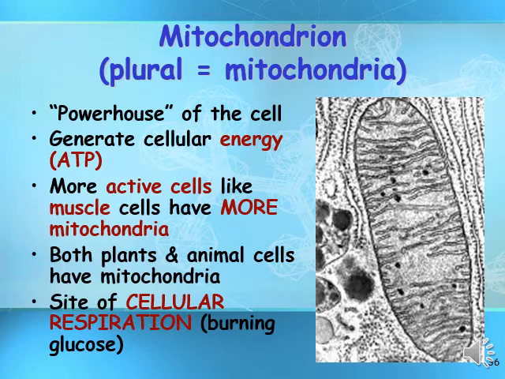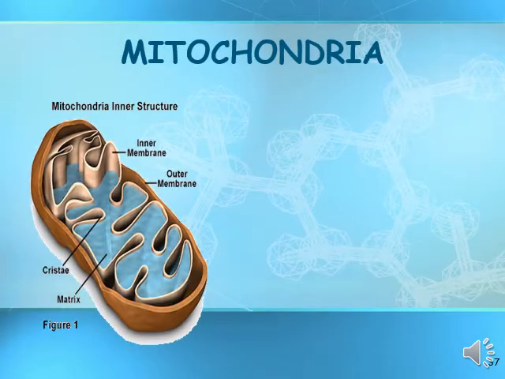It is the site of cellular respiration, or the burning of the fuel, burning of glucose. Glucose burning is performed here in this cellular organelle. The mitochondria is composed of an outer mitochondrial membrane and an inner membrane.